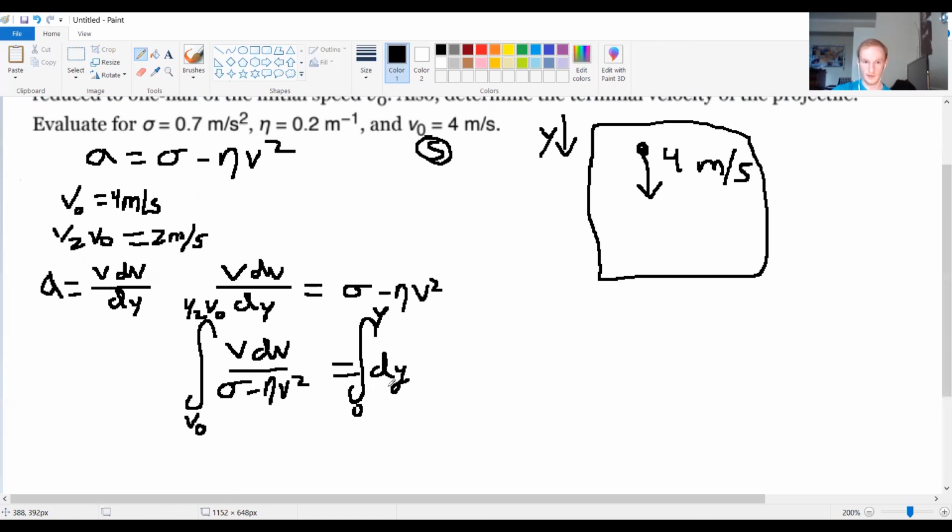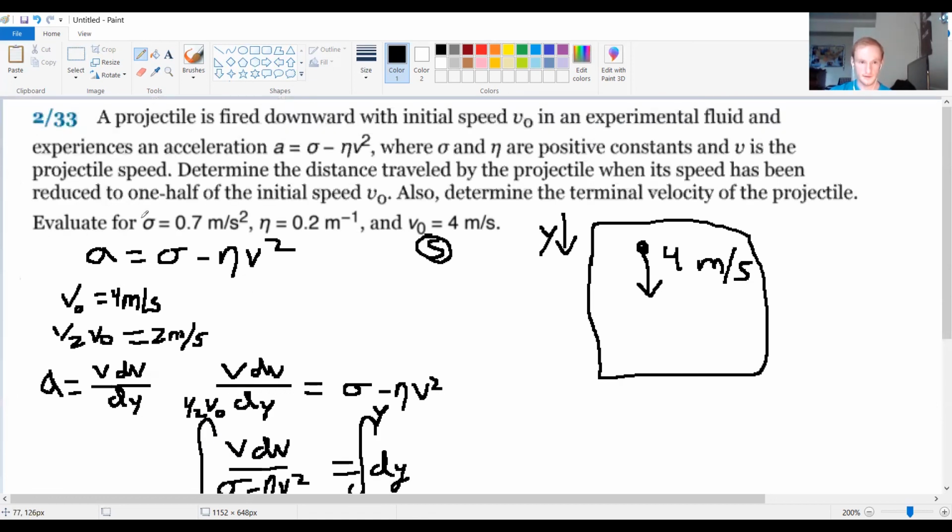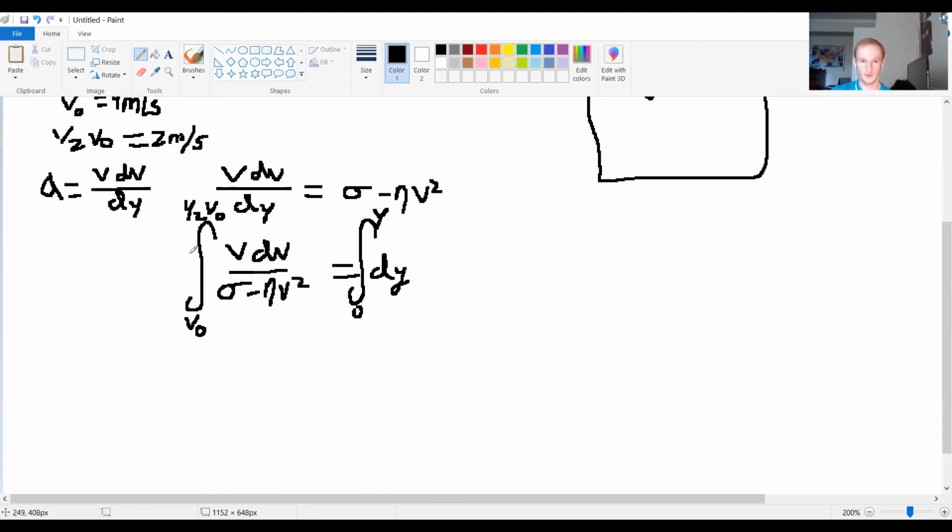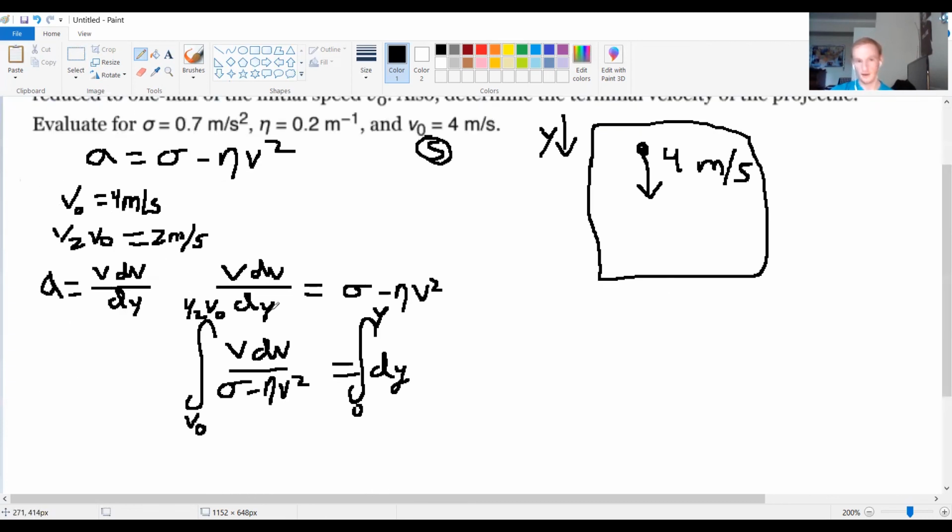Okay, so this might look a little intimidating. Don't get scared of it. It's just a couple of constants as they give us up here. They give us the 0.7, the 0.2, and the 4. So don't worry about any of these. They'll go away.